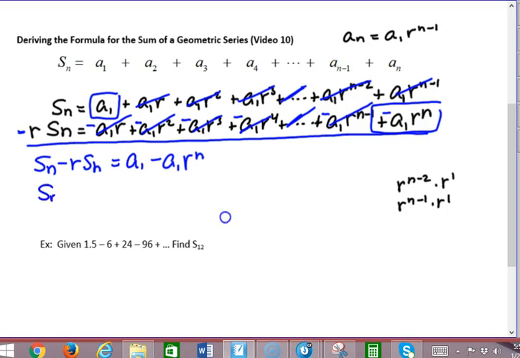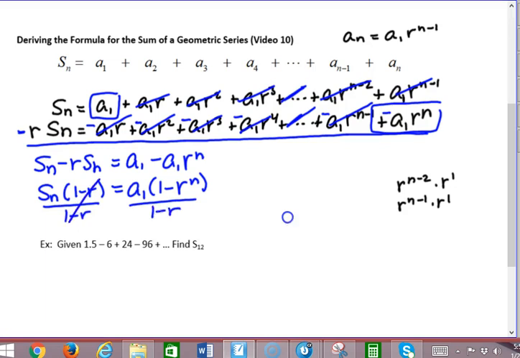If I factor out an S sub n on the left-hand side of the equation, and I factor out an a sub 1 on the right-hand side of the equation, recall that then this would be S sub n times 1 and S sub n times r, so that would multiply back to give me what I had originally, and divide both sides by 1 minus r, I end up with a compact equation now. S sub n is equal to a sub 1 times 1 minus r to the n over 1 minus r.